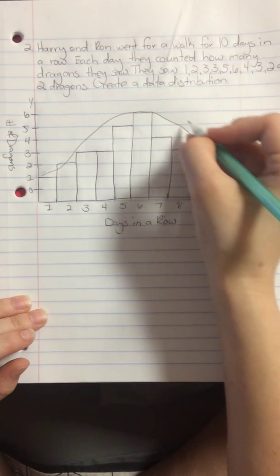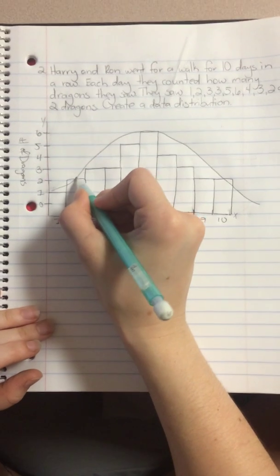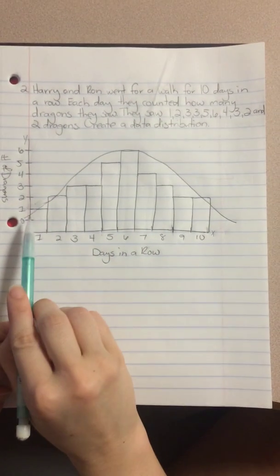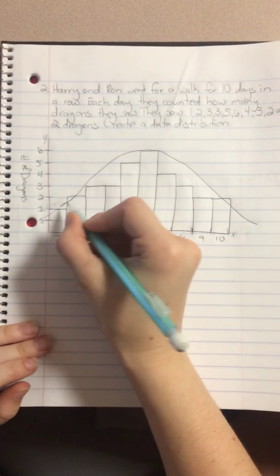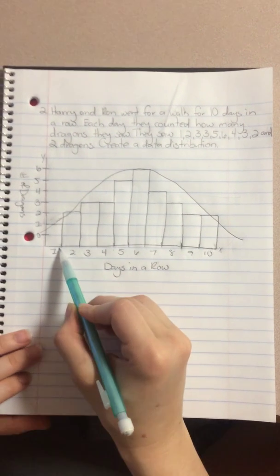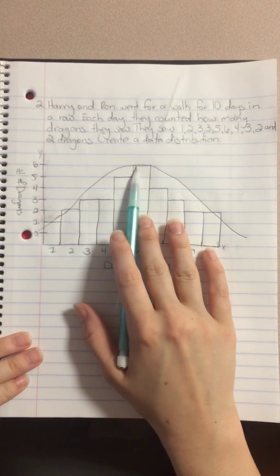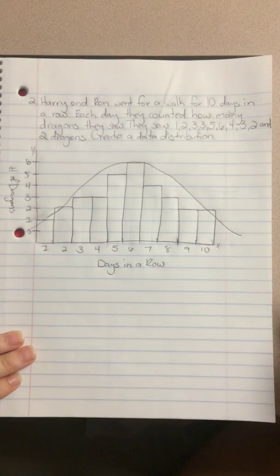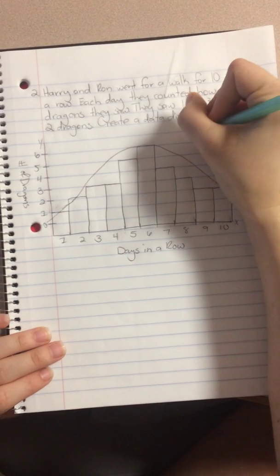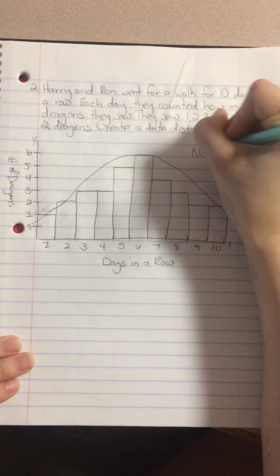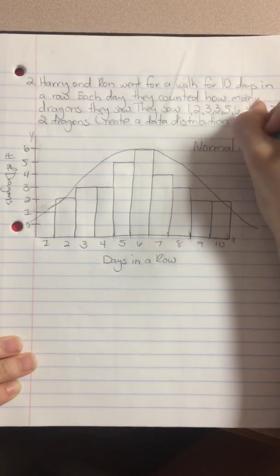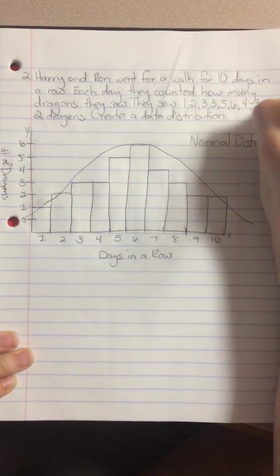It has the top part and it rounds out and it comes down. So we can see that one of the tails starts in the bottom left-hand corner, goes up and reaches its peak, and comes back down to the bottom right-hand corner. So we know that our data is a normal distribution.